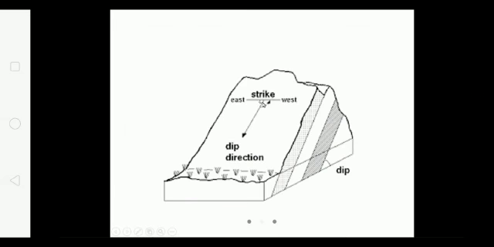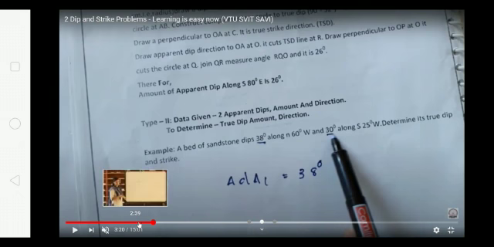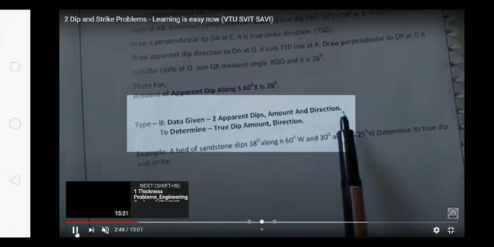So that is what we have to understand. Now we will see here in this problem.